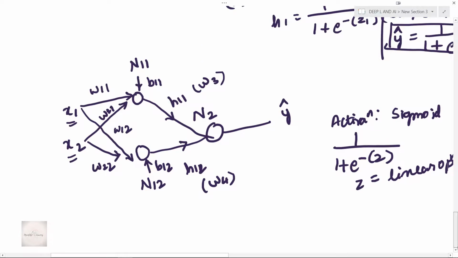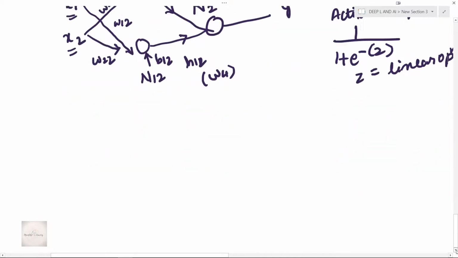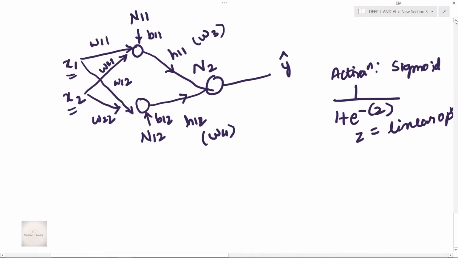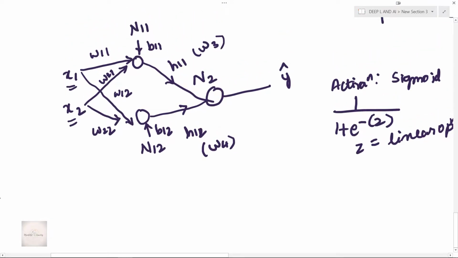Let's start with finding the value of the output for the neuron n11. As I said, there is a linear operation. If I call z11 the linear operation, it is nothing but w11 x1 plus w21 x2 plus b11.